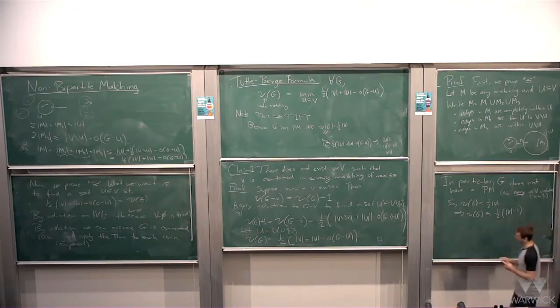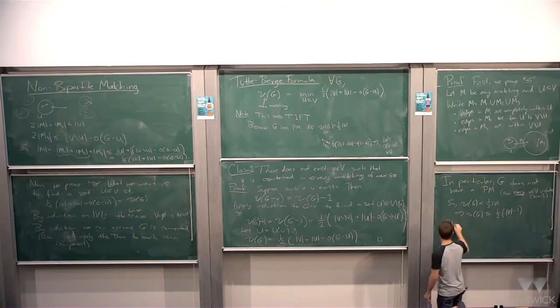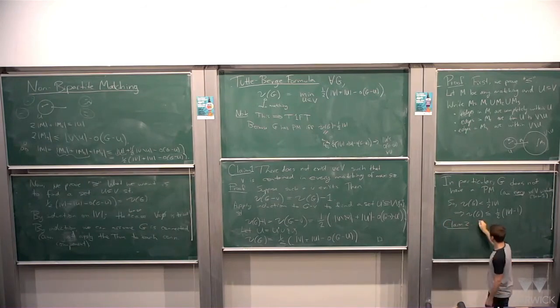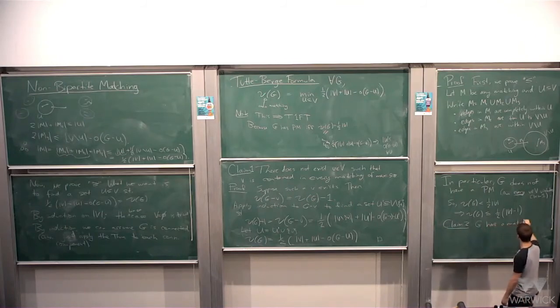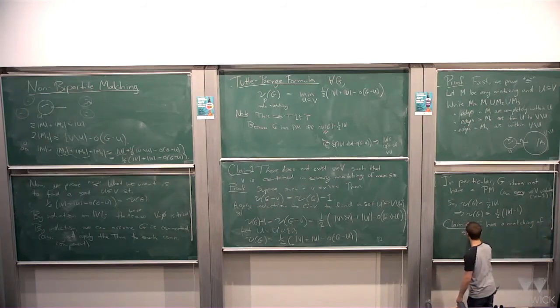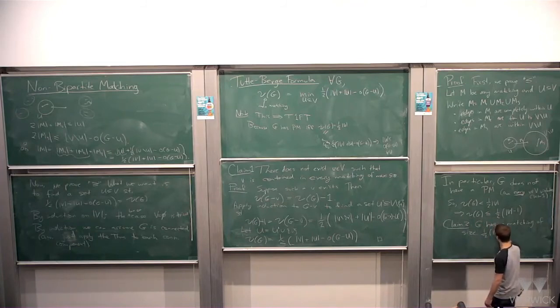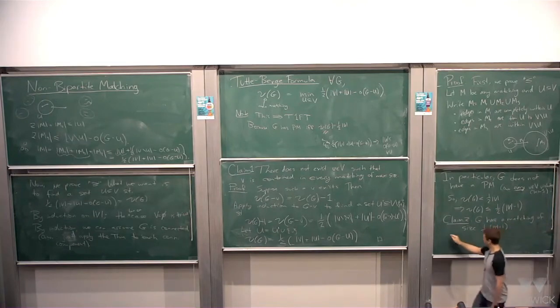Okay, so now what we want to do is prove a somewhat funny thing, that G actually has a matching of size 1/2 V minus 1.